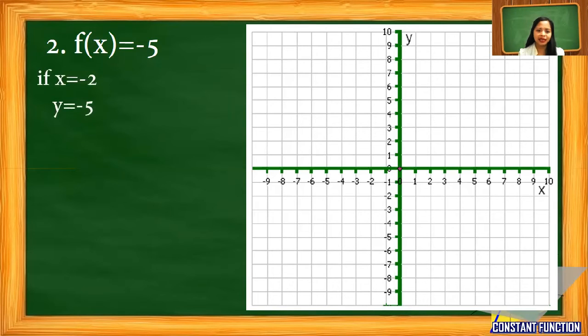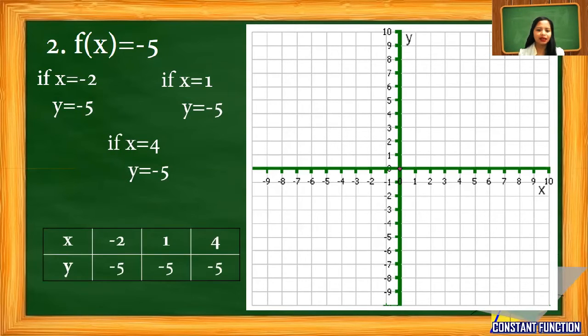Suppose x is equal to negative 2, since we can substitute any value of x because our domain is any real number. Then y is equal to negative 5. If x is equal to 1, y is still negative 5. And if x is equal to 4, y is still negative 5.